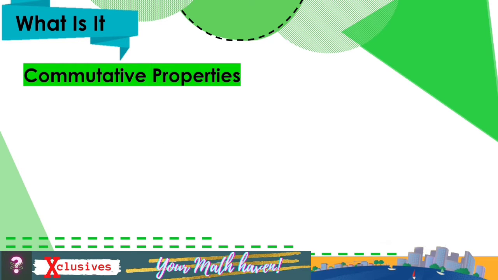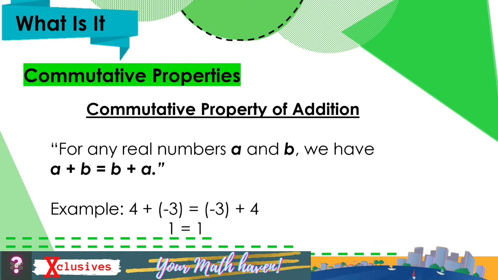Commutative properties. We have the commutative property of addition, which states for any real numbers a and b, we have a plus b is equal to b plus a.